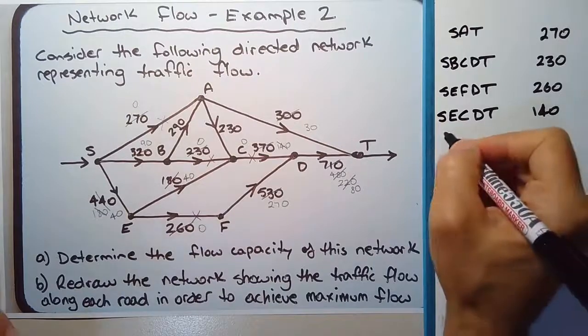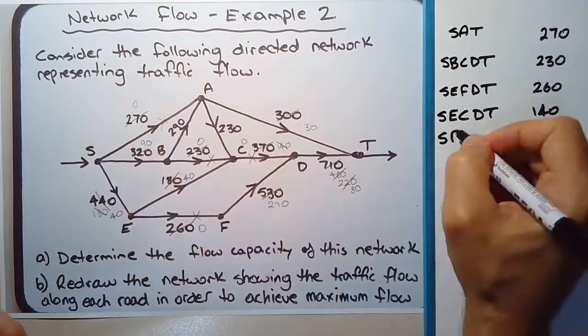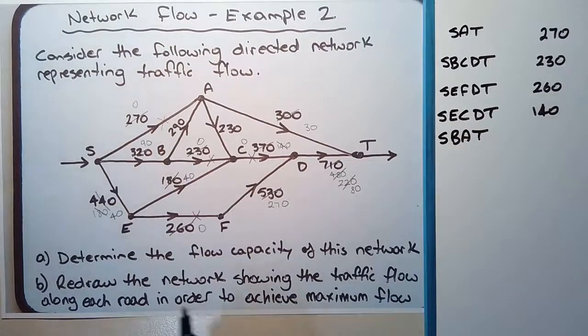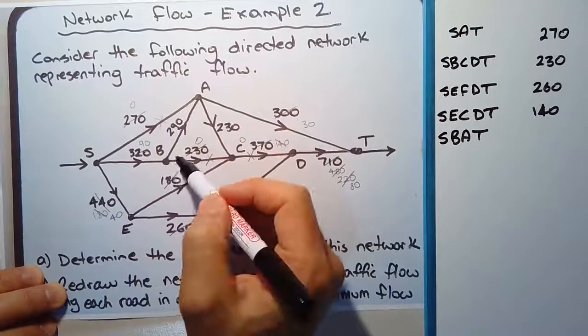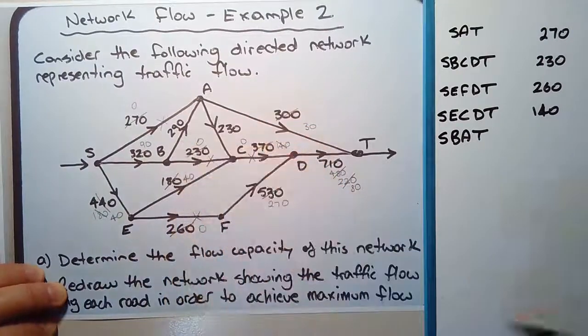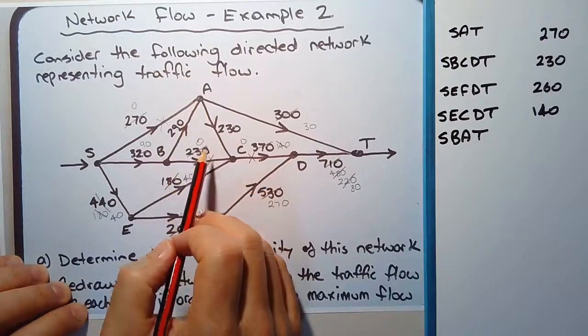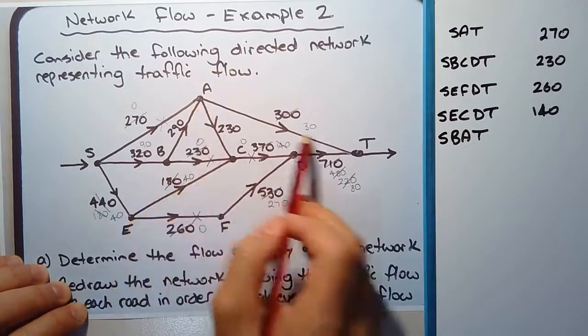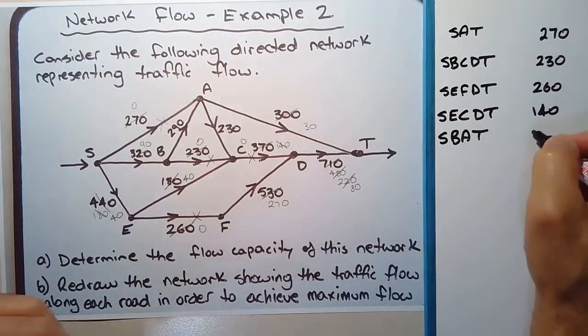It's very important that we consider every option. S, B, A, T. So we've got a capacity of 90 there. On B we've got 290, so we haven't even used that particular road yet. AT is 30, so we've only got 30 left on that path.